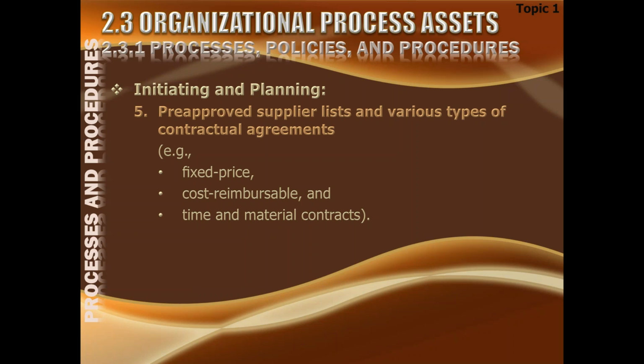Why do we have a pre-approved vendor list? In organizations which do most of their work by outsourcing, they pre-select various vendors in various categories, and these are the ones who are given all the projects subsequently.